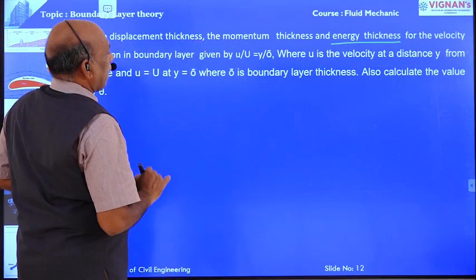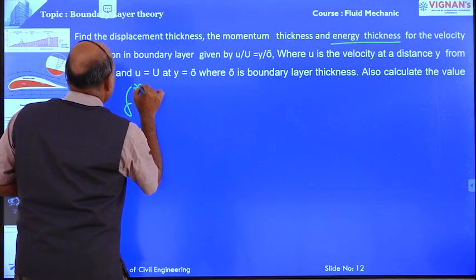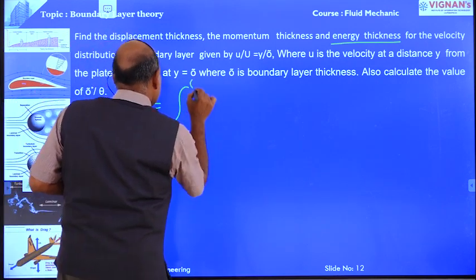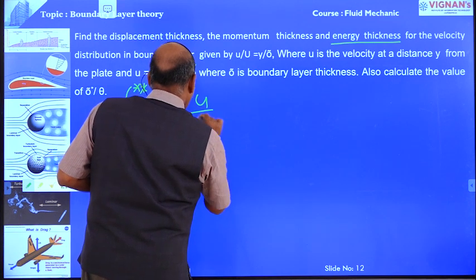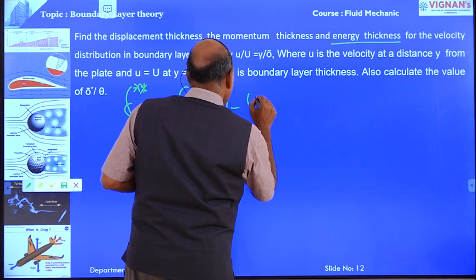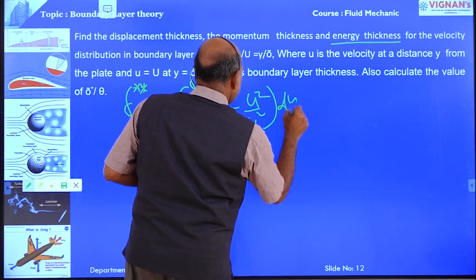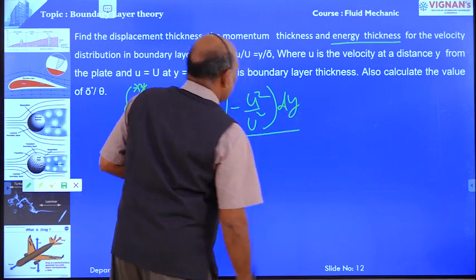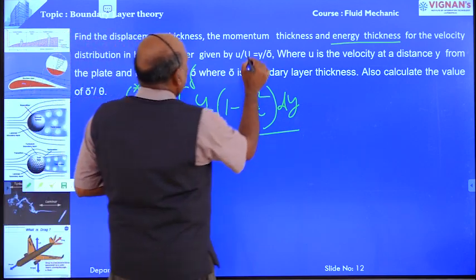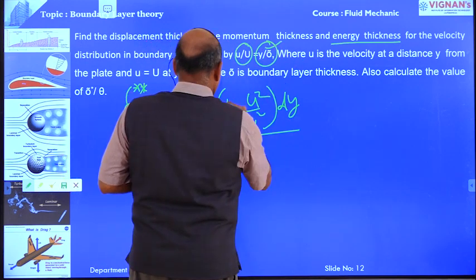Next, energy thickness is denoted by delta double star, equal to integral 0 to delta of small u by capital U into 1 minus small u square by capital U square, dy. This is the formula I have already explained and derived in the last class. Small u by capital U is nothing but y by delta. This value is substituted here.